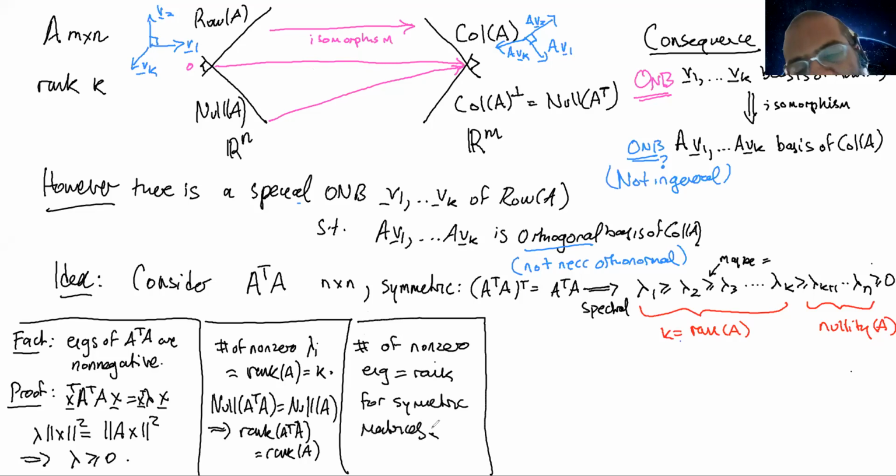By number, I mean with multiplicity, right? But since symmetric matrices are diagonalizable, geometric multiplicity is always algebraic multiplicity. These are some little facts that I used.